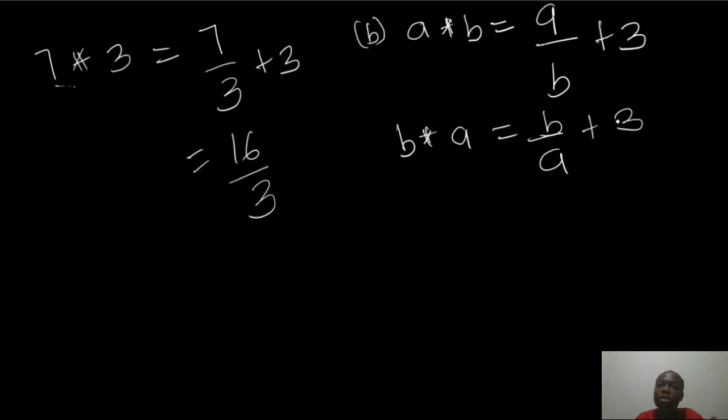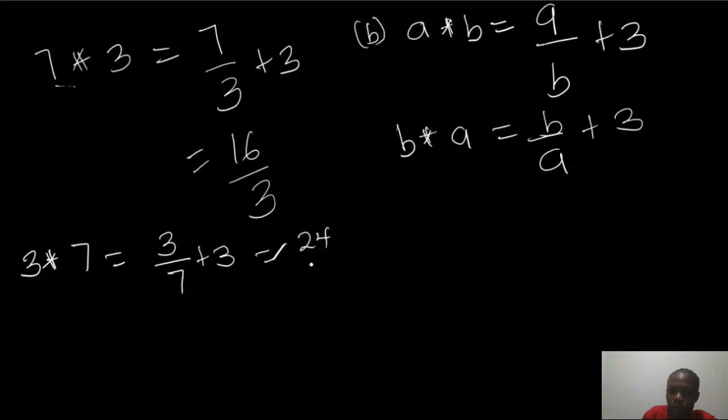So let's try and use the previous examples we've used to see. Now this one, we did 7 star 3 and we had 7 over 3 plus 3, which gave us 16 over 3. So now let's do 3 star 7. Now 3 star 7, we are going to get 3 over 7 plus 3, which is equal to 24 over 7.